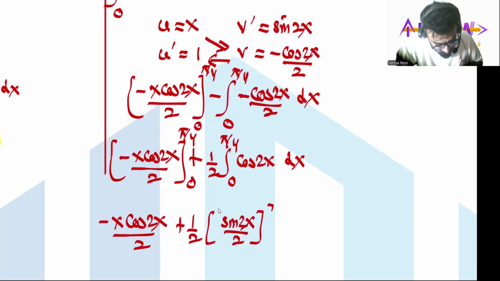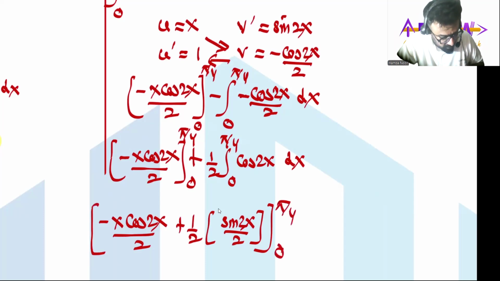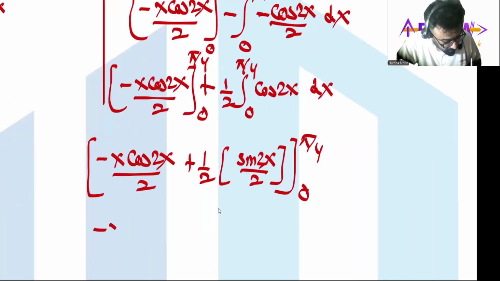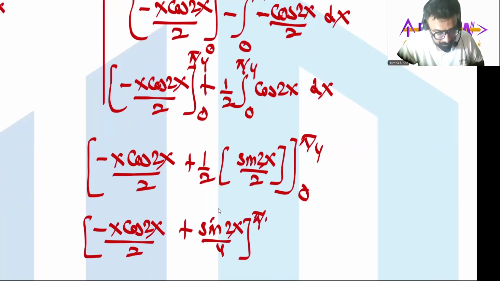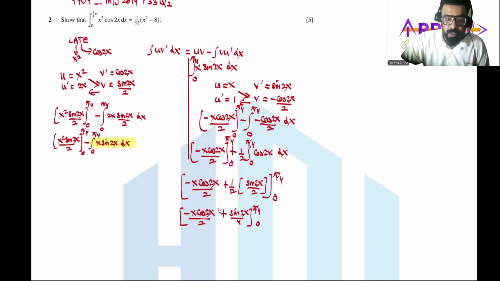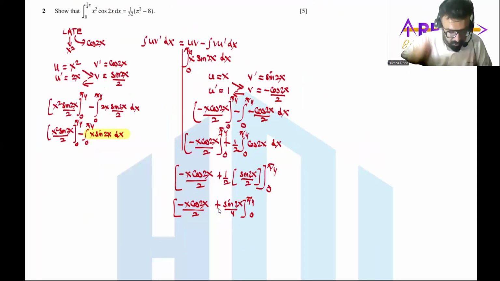Okay, so now upper limit pi over 4 and lower limit 0 like this. So this turns out to be minus x times cos 2x over 2 plus sine 2x over 4. Upper limit is pi over 4 and the lower limit is 0. Okay, so far we have achieved this thing.